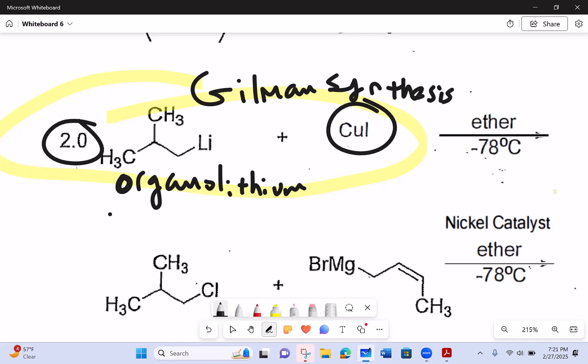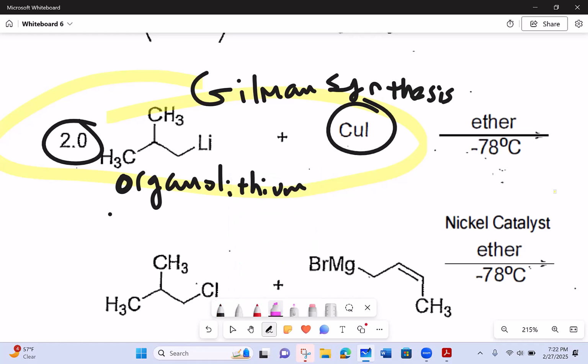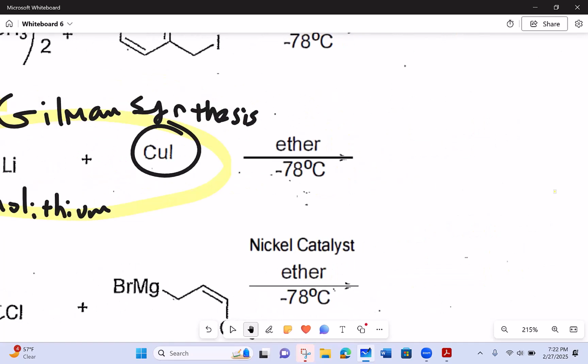But this is exactly what we were just talking about. This is how you make them. You got 2 moles of organolithium plus copper iodide. And so each one of these groups highlighted, with this carbon right here being the carbon that's bonded to lithium, that same carbon is going to be attached to copper. So on the other side of the arrow, I'm going to write that out.